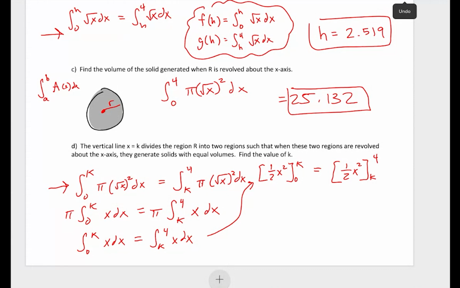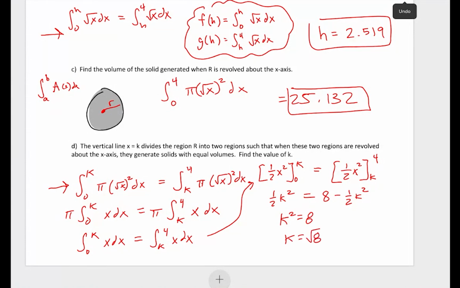If I plug in k here, I get 1/2 k squared minus 0, we're going to ignore that. That equals 1/2, let's see, 4 squared is 16, half of 16 is 8. So we get 8 minus 1/2 k squared. If I add 1/2 k squared to both sides, 1/2 plus 1/2 is 1. So k squared is 8, and so k is root 8.